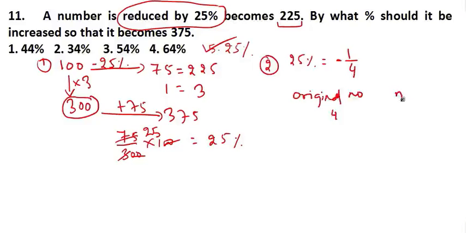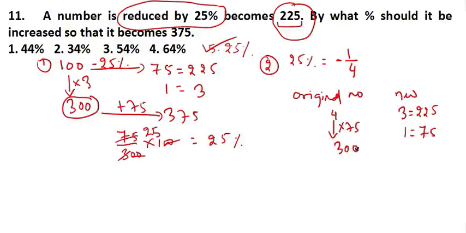When it gets reduced by 1, then it becomes 3. But here it said when the number gets reduced, it will become 225. So this 3 represents 225, which means 1 represents 75. If 1 represents 75, then my original number will represent 4 times 75, so multiply by 75 and you will get 300.